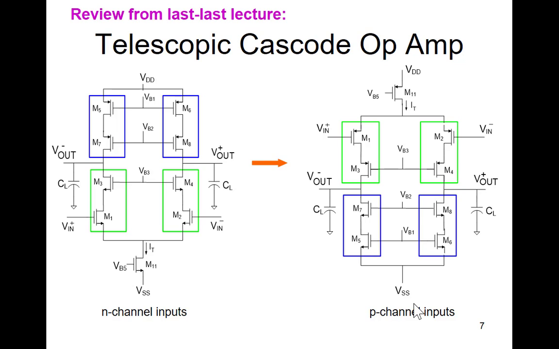We also pointed out that we could have either P-channel or N-channel inputs. And we first looked at this one way, and we said, well, instead of driving the quarter circuit, we can drive the counterpart circuit, and then set the quarter circuit up as a current source.